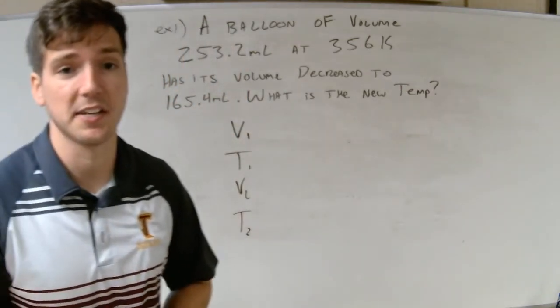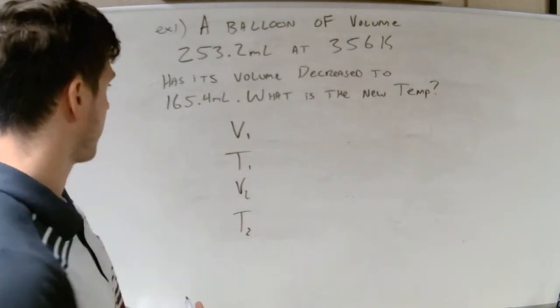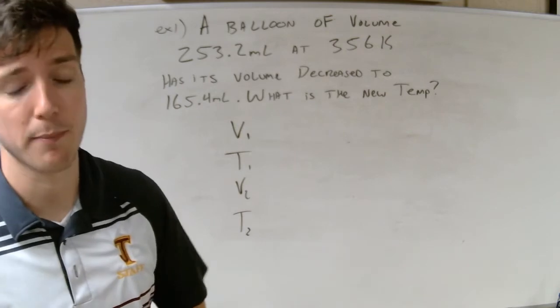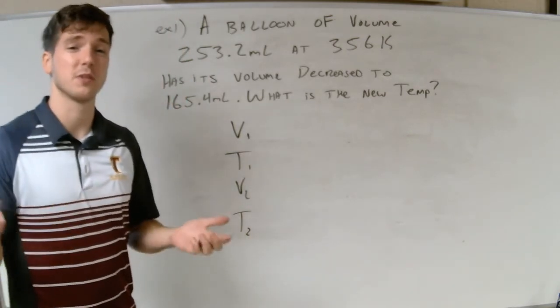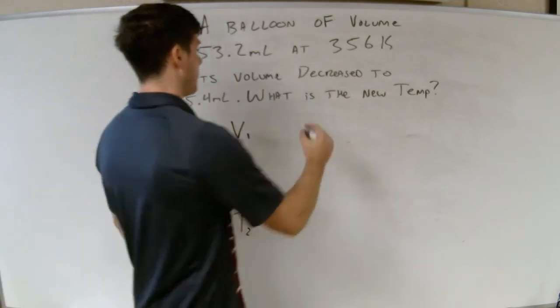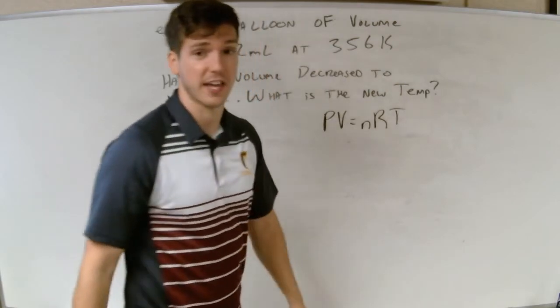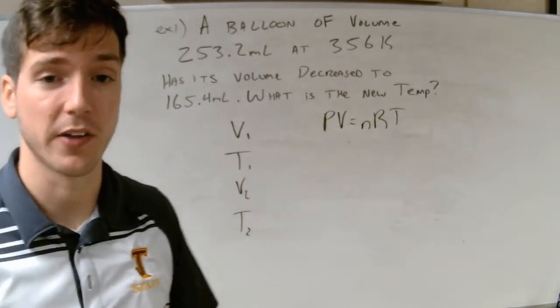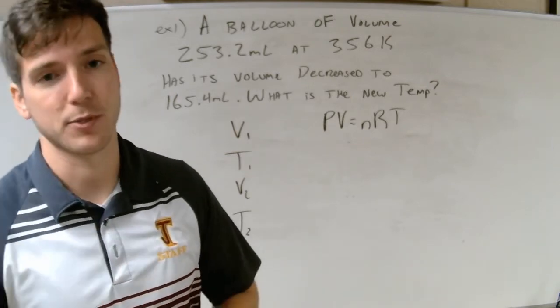This isn't going to be an ideal gas law problem. It doesn't have moles in it. It doesn't have pressure. I'm just dealing with volume and temperature here. So let's derive an equation that just deals with volume and temperature. We could do that by using our ideal gas law. We're not plugging things into our ideal gas law, but we're going to use it to help us derive an equation between volume and temperature.